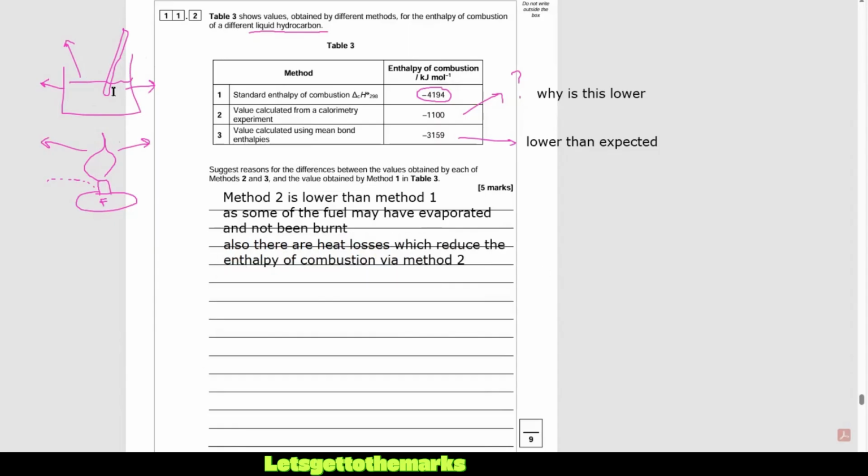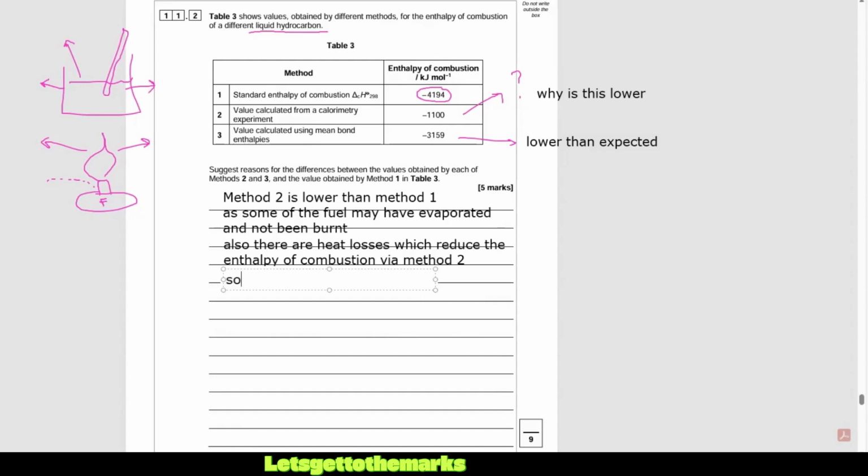And another one that we could have is incomplete combustion. Let's say not enough oxygen is getting into the spirit burner, and so we have incomplete combustion. You'll be able to tell because you'll have some yellow in your flame, and that's the carbon atoms, and that's lower heat. Then a blue flame, higher frequency, you've got a higher heat coming out.